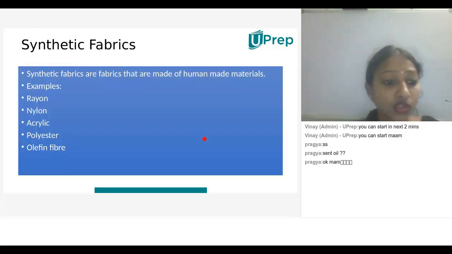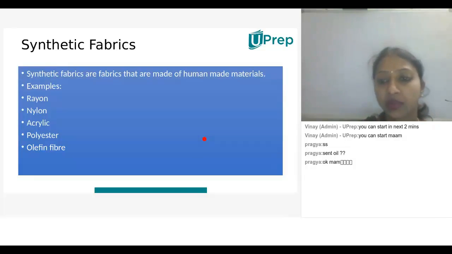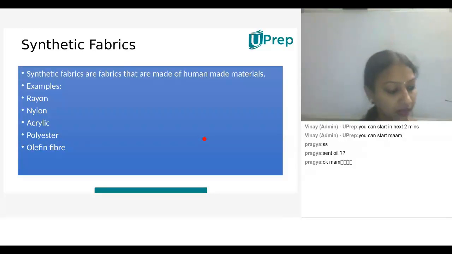Understood, ma'am. One by one, we'll go in deep and have a brief discussion with the structures. Structures are not very important for you all, but I'll give you a gist of the concept along with some examples. Understood?